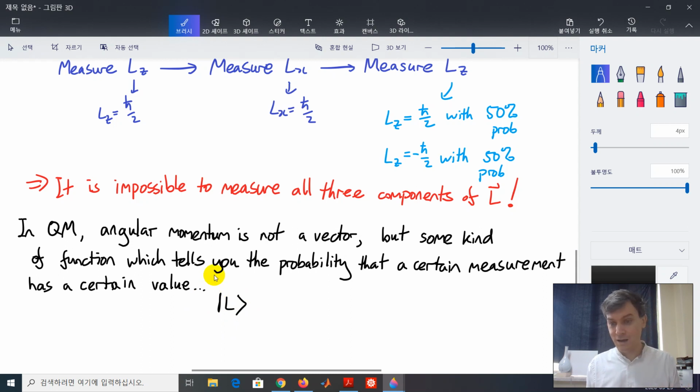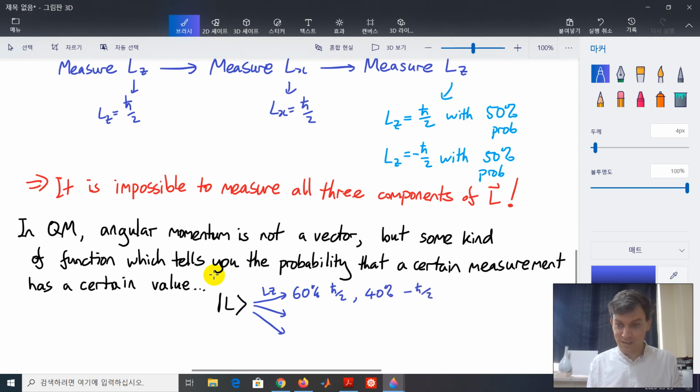Okay, and like I said, this function, although I cannot define it exactly, what it tells you is: choose a direction you want to measure. So let's suppose I want to measure Lz, and then the function will tell me, okay, if you measure Lz, then you have a 60% chance of having plus h bar over 2, and you have a 40% chance of having minus h bar over 2.